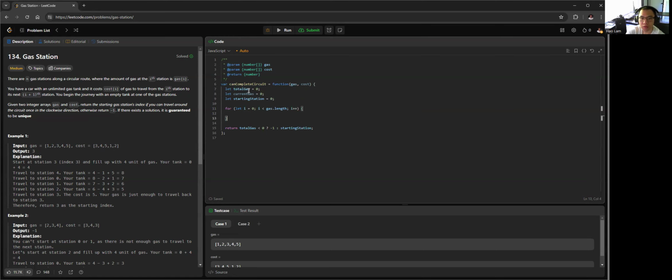And then current gas plus equals the gas at this station, which is gas of i, right, and minus the cost at the next station, which is cost of i, right? Total gas is going to be the same. And if the current gas is less than or equal to zero, right? It drops below zero, we want to set the current gas back to zero and reset the starting station equal to i plus one.